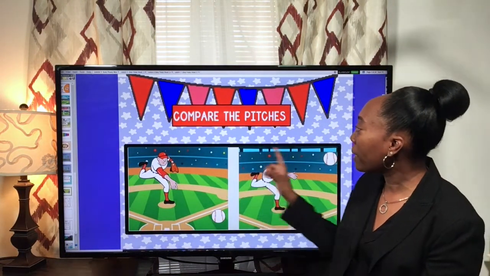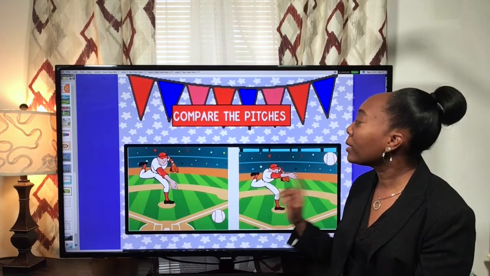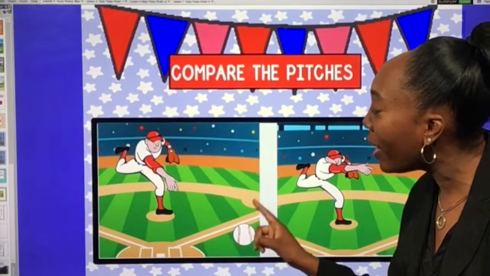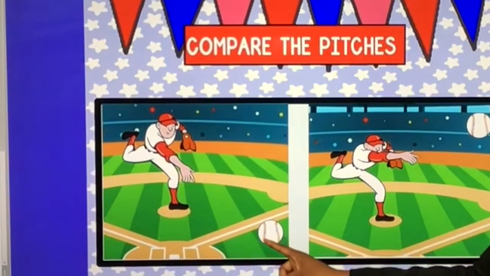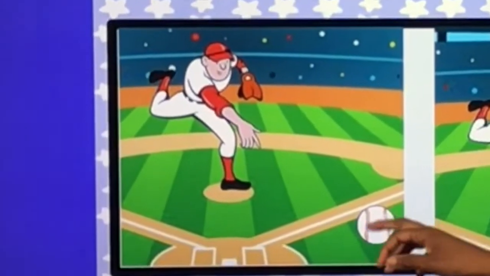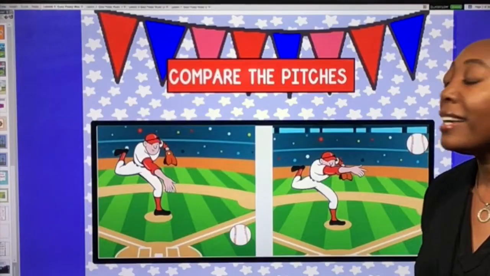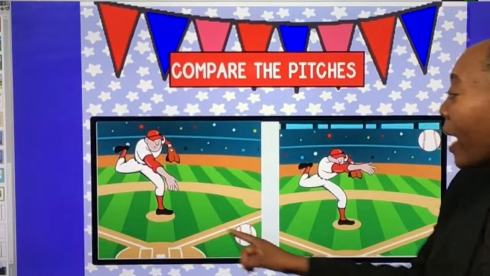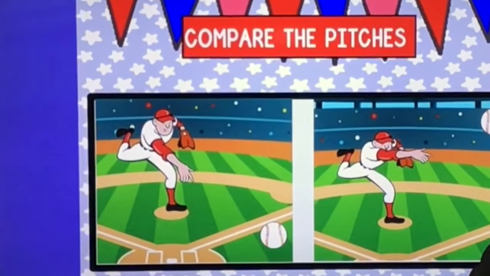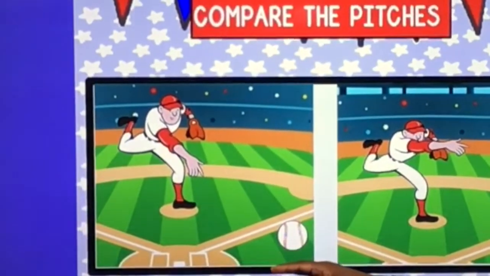We have two pitchers here, and we want to compare the pitches. So, pitcher number one is pitching a ball. Is it high? Is it low? What do you think? Is the pitch high or low? Yes, box number one, the pitcher pitched the ball low, right? You see the ball low to the ground?